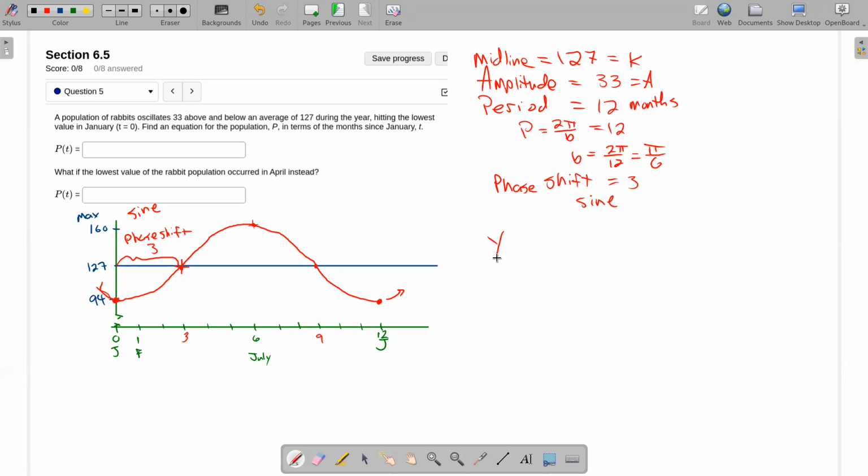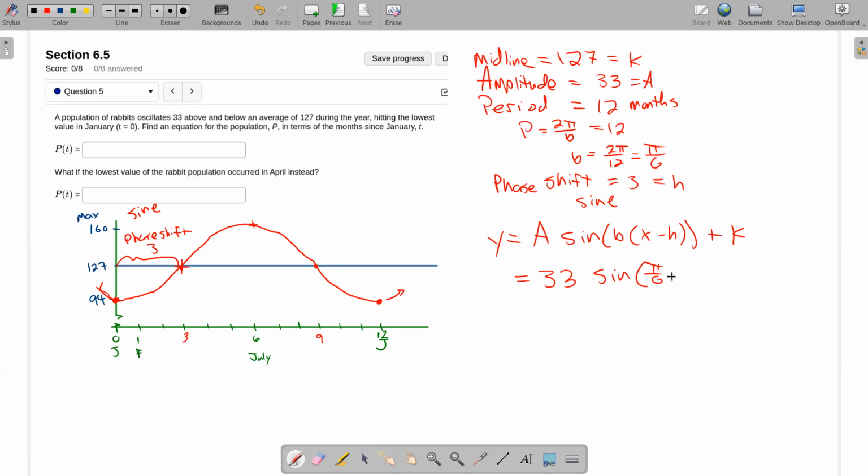All right, so my formula, A times the sine of B parentheses x minus h plus k, and here is my h. Amplitude is 33. I guess we'll stick with red. Times the sine. To get the right period, I need a multiplier of pi over 6.